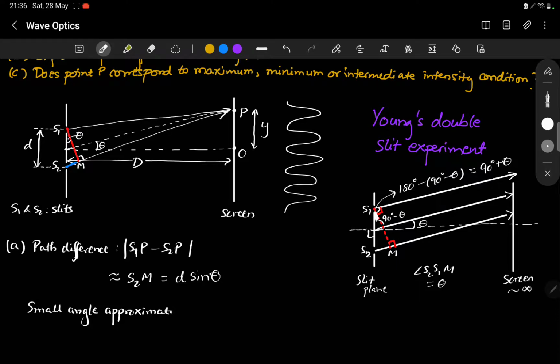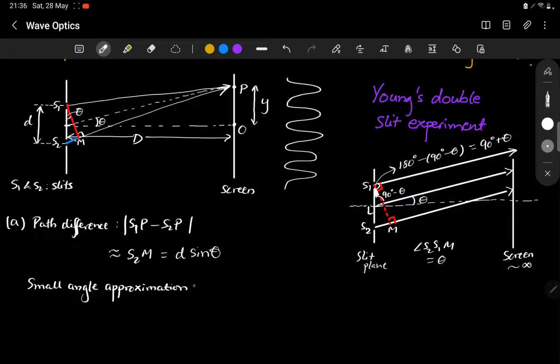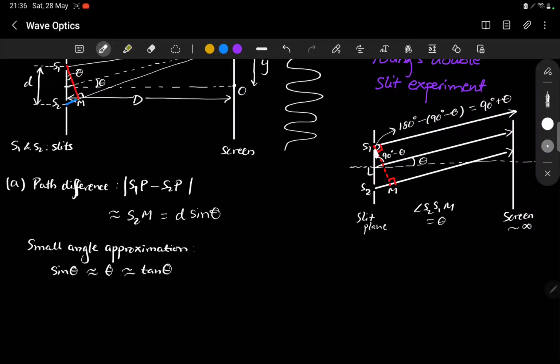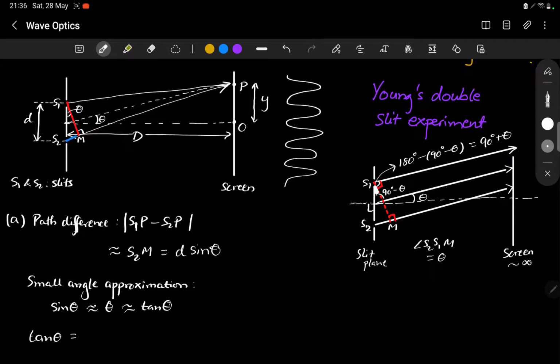This is valid when the screen is much far away and the distance OP is very small in comparison to the separation between the slit plane and the screen. So from small angle approximation, we have sin theta is roughly equal to theta is roughly equal to tan theta, and tan theta we know is nothing but y over D.